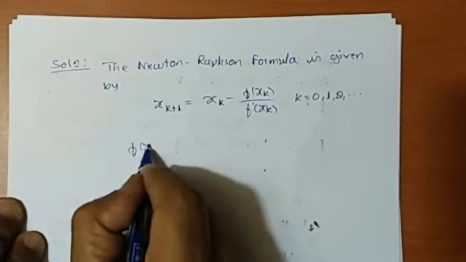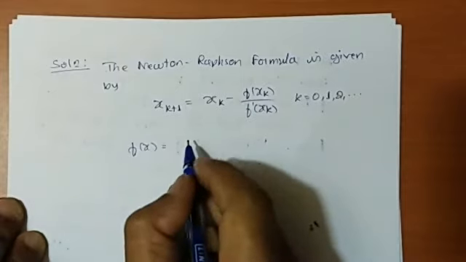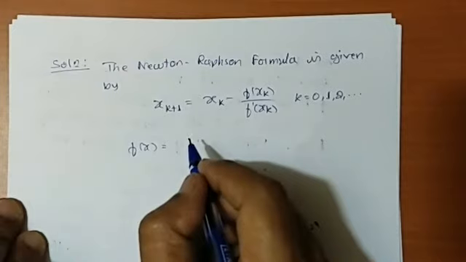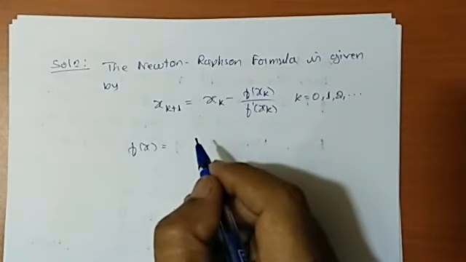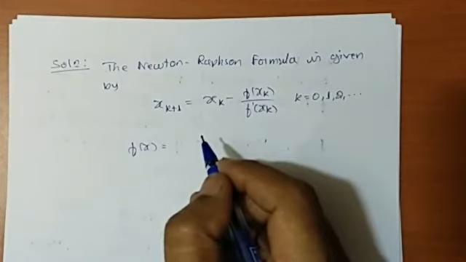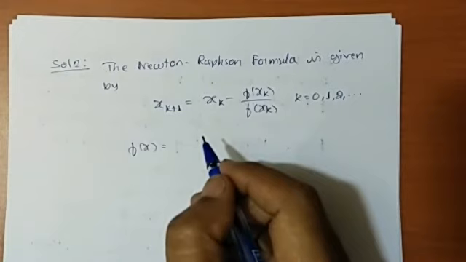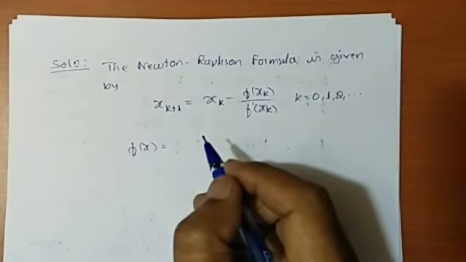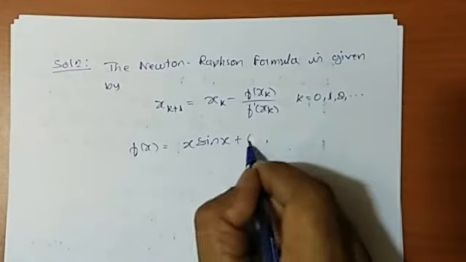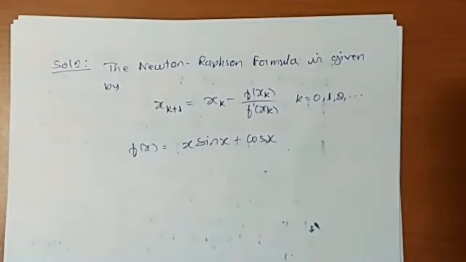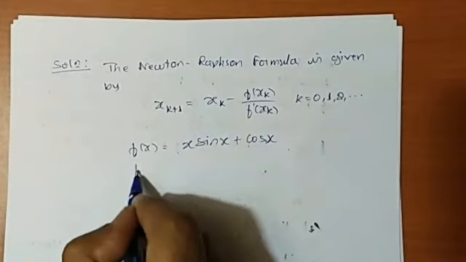Now f of x is what? The right hand side of the equation. The equation is x sin x plus cos x. So f of x is x sin x plus cos x. If this is f of x, what is f dash of x?